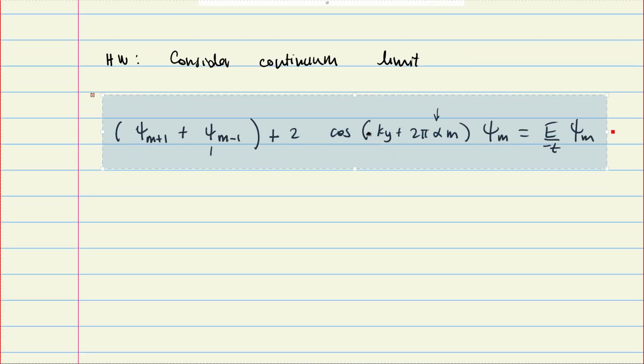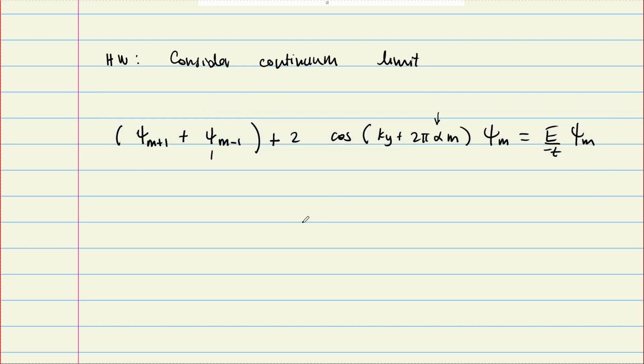So start from here, and in the continuum limit, what you are going to do is, for example, psi m plus 1 means psi of x plus a, and you are going to do a Taylor expansion: psi of x plus a times psi prime of x plus 1/2 a squared psi double prime of x. So this is the second derivative.